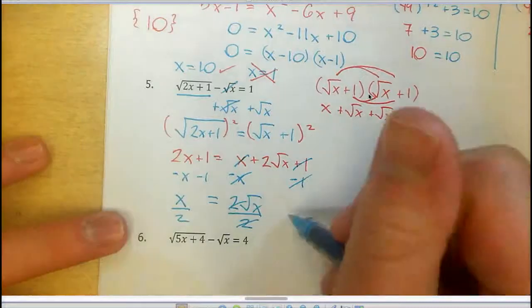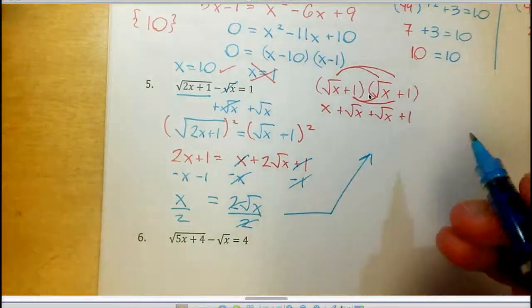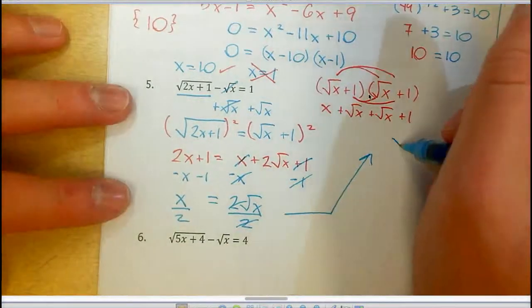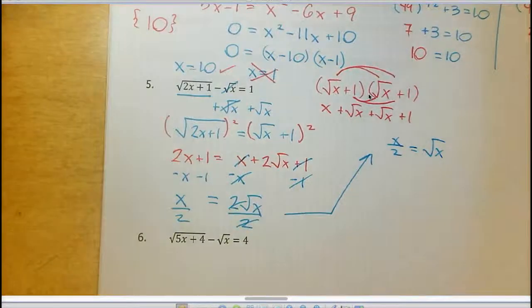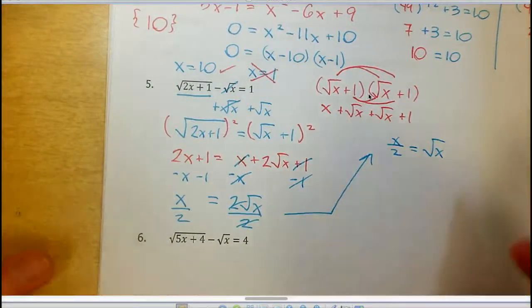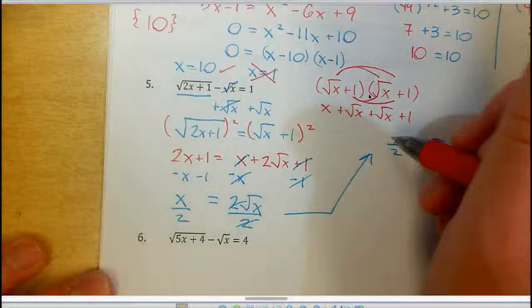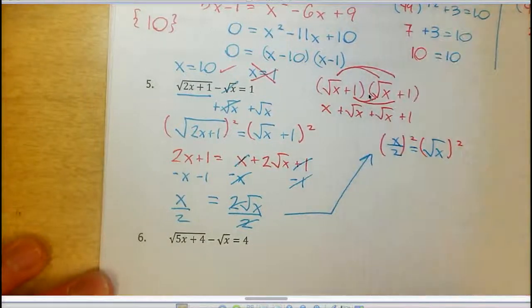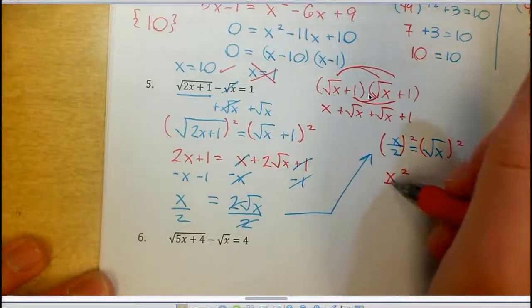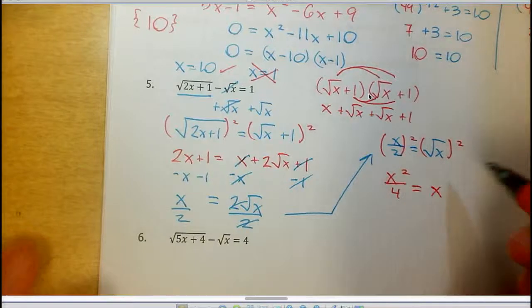So I end up getting x over 2 equals radical x. So now I can get rid of my last radical by again squaring both sides. This will give me x squared over 4 equals x.